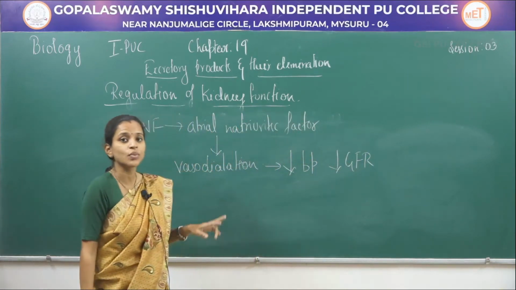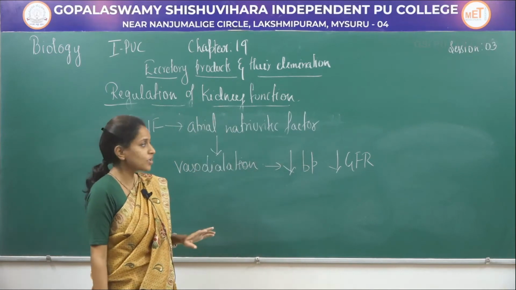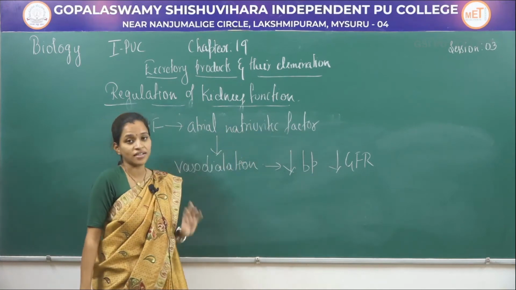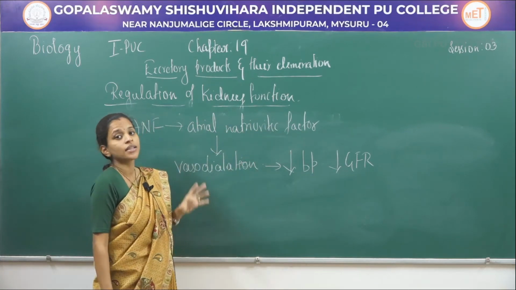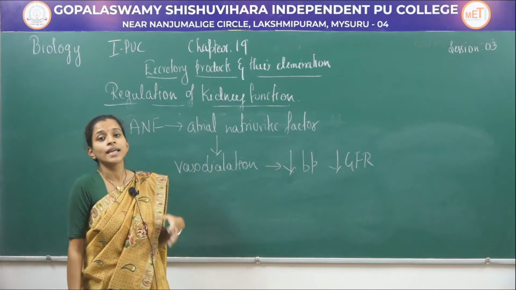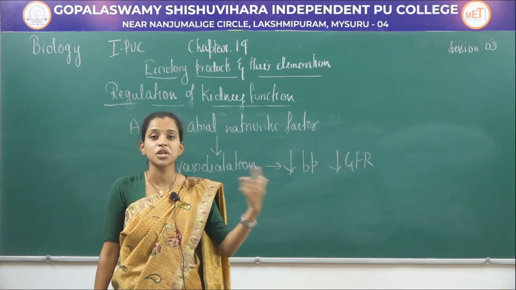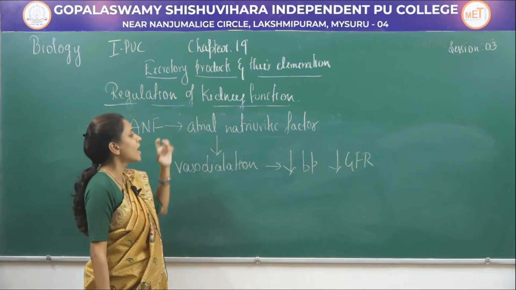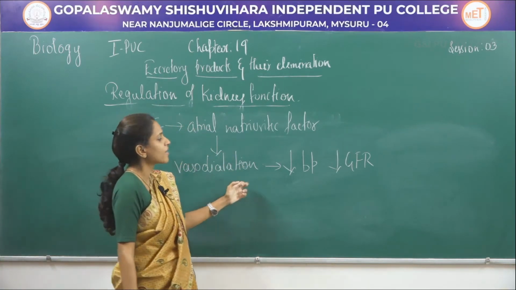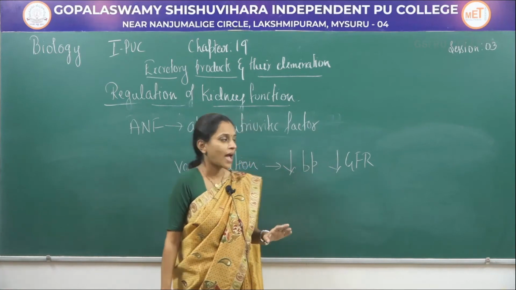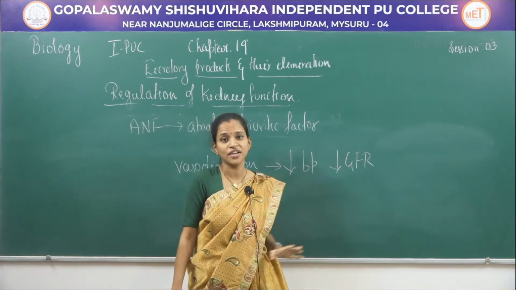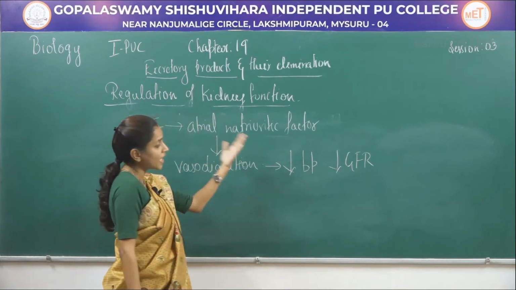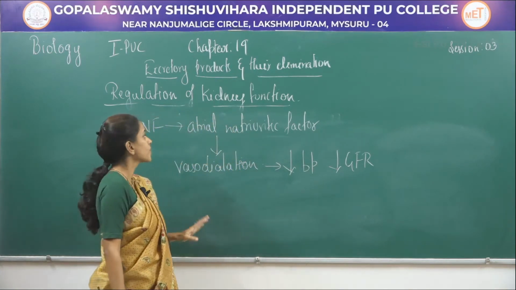This happens whenever there is high blood pressure. To reduce the glomerular filtrate rate, the atrial natriuretic factor is produced in the heart due to increase in the blood flow and the pressure applied on the auricles of the heart. This ANF leads to vasodilation, reduces the blood pressure as well as the glomerular filtrate rate, and gets it back to normal whenever there is a high increase in the blood pressure.